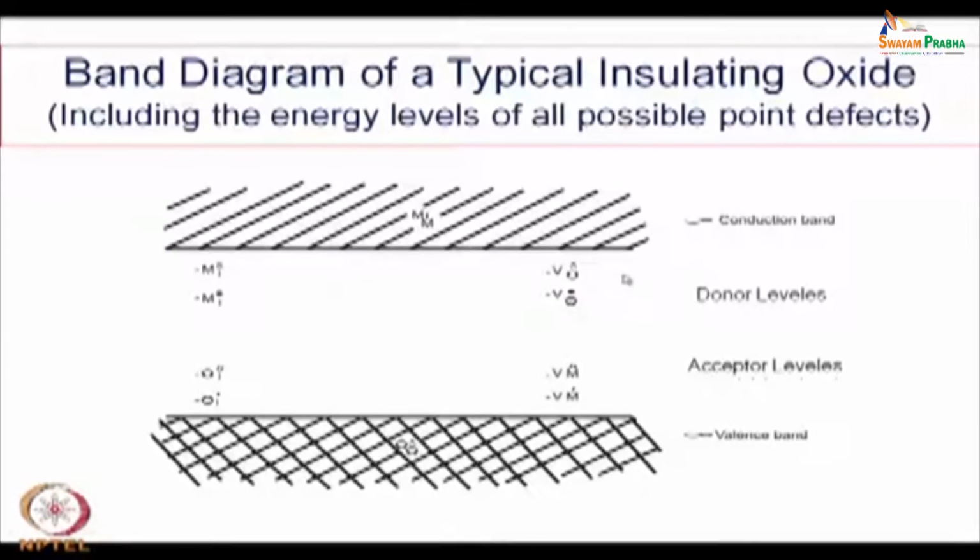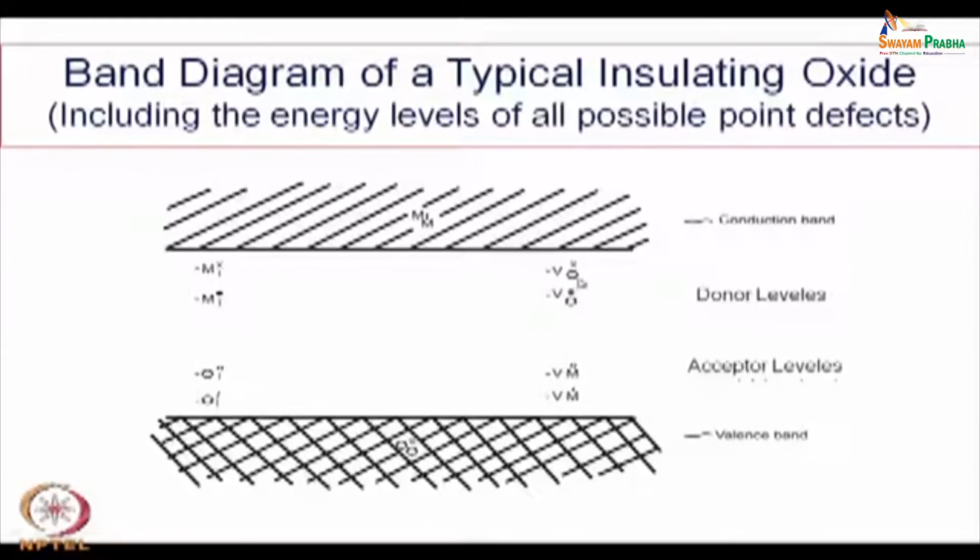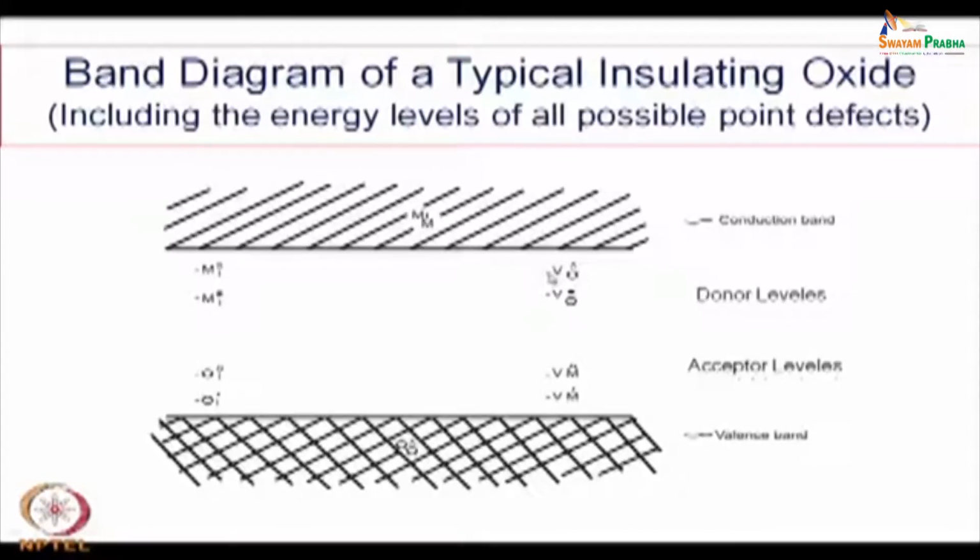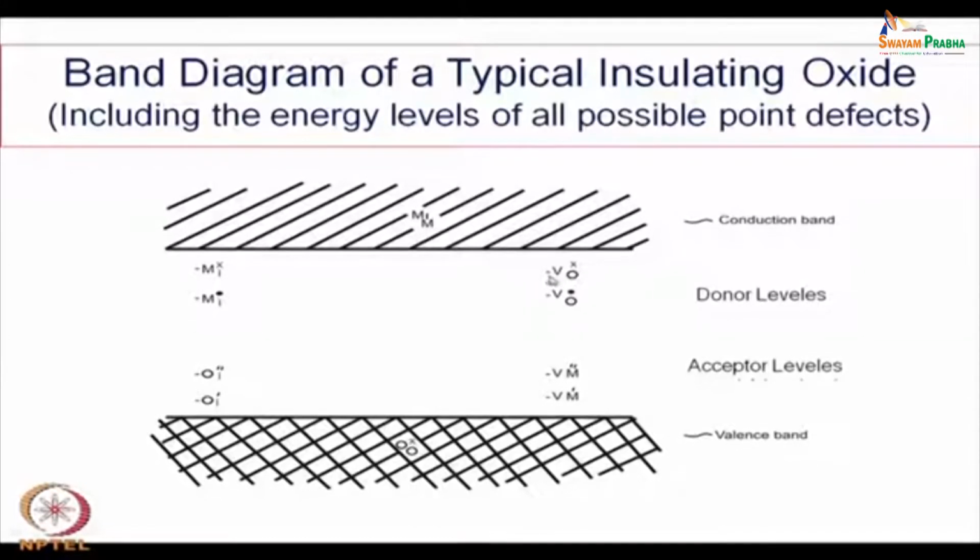When the electron is there, actually it is a single charge. It was originally a single charge. Since it has been occupied by an electron, the single charge has gone to neutral, and that is the designation, because we made a statement earlier that the energy levels are designated when the electrons are occupying that energy level.